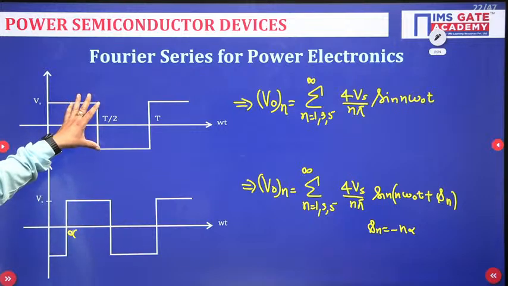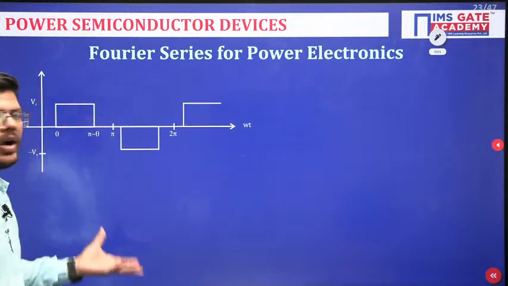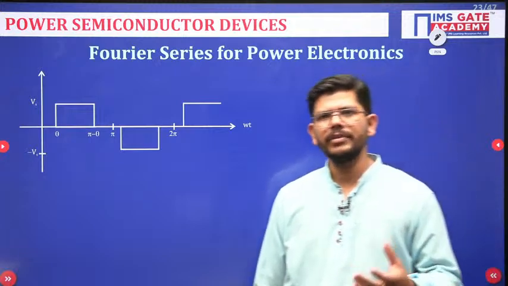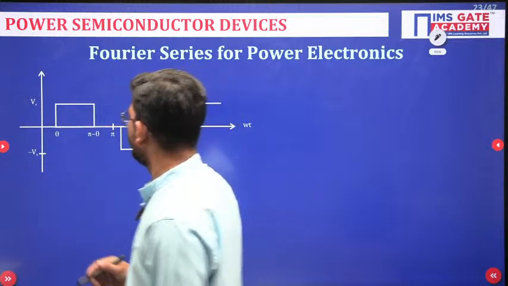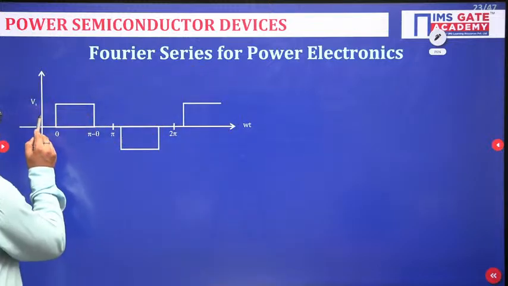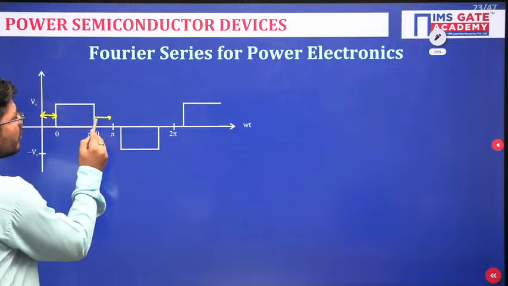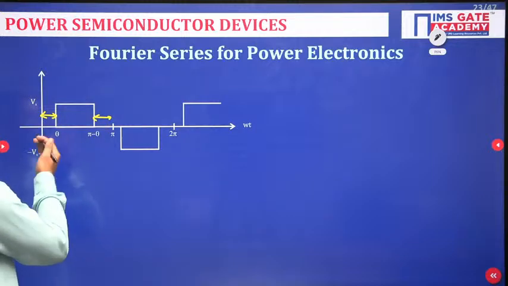So perfect square wave, shifted square wave, and we have another case which is called the quasi square wave, which you will see at so many places, in inverters, in semi-converters, everywhere. Just see, this is a quasi square wave, and what you have to check in this quasi square wave is whether this duration is similar or not. This duration has to be the same. If it is not the same, you have to shift a little bit.